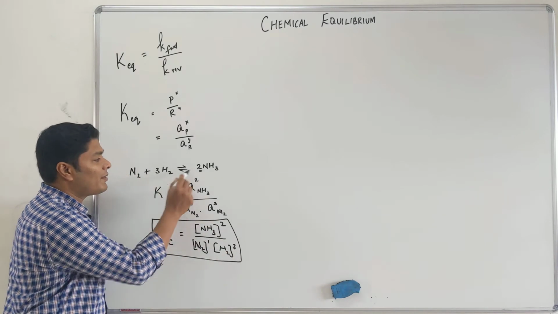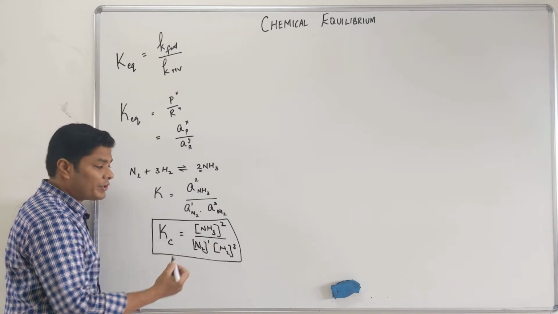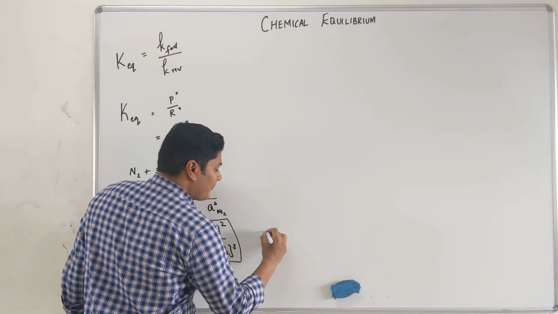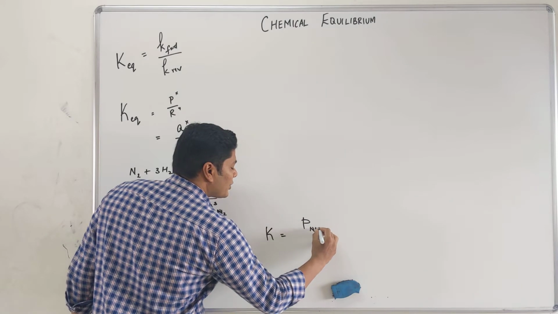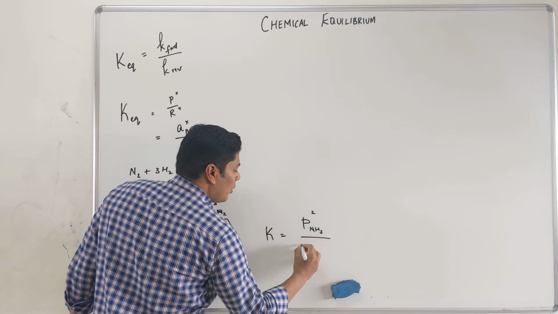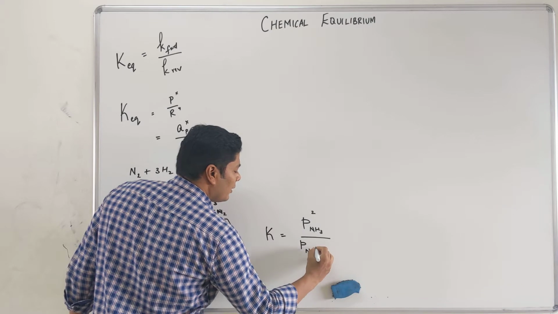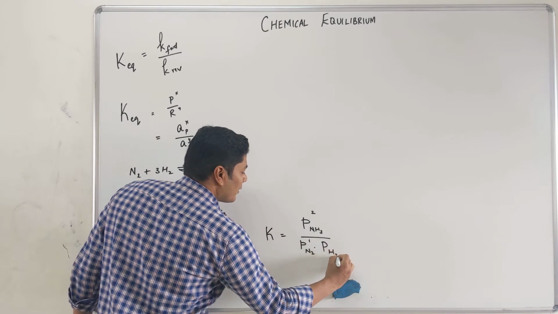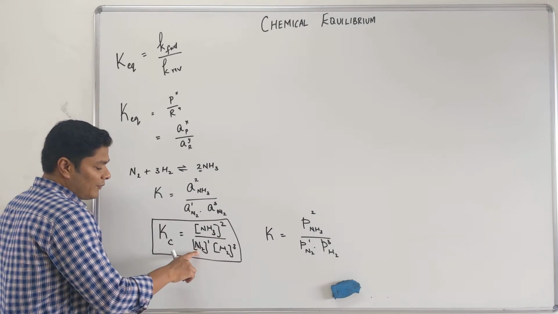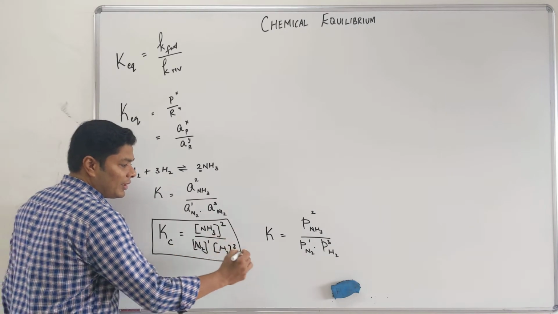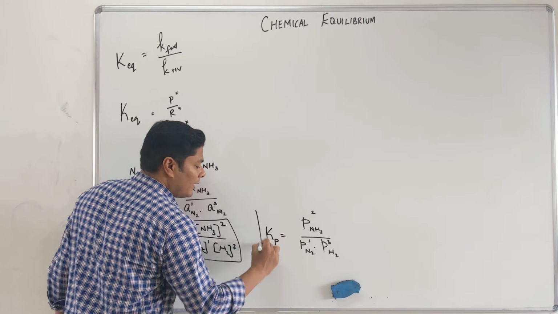Now what if I have all of them gases and I don't have concentration, I have pressure? I can write the same K equals partial pressure of products over partial pressure of reactants raised to the corresponding coefficient. Now because instead of concentration I use pressure, I call it Kp. Okay.